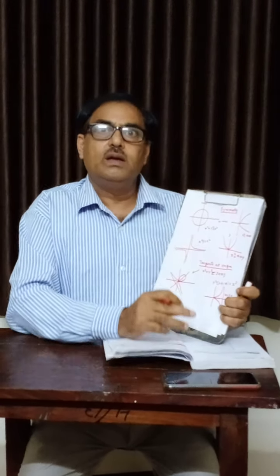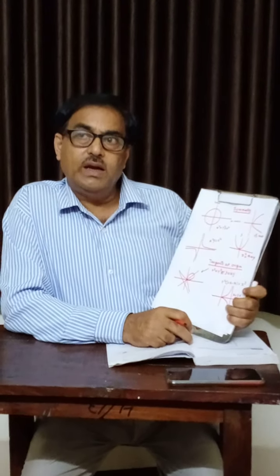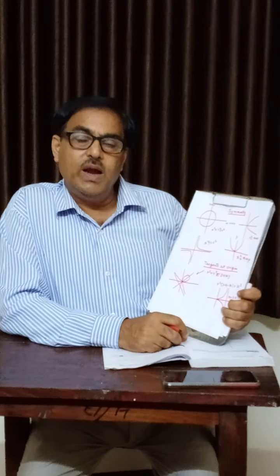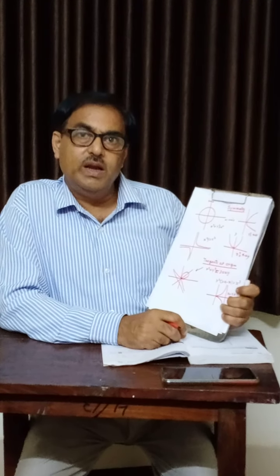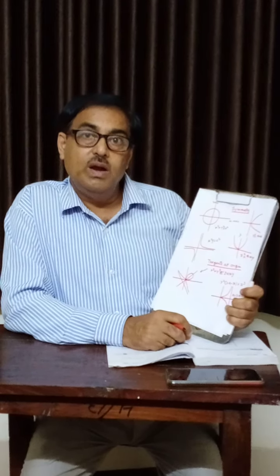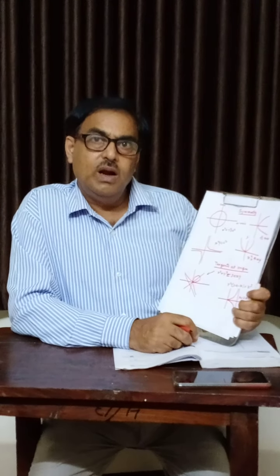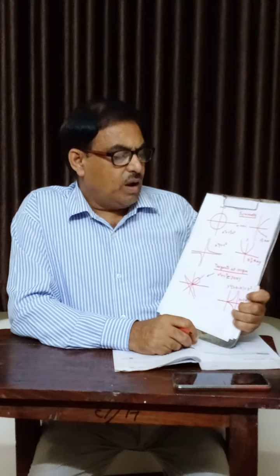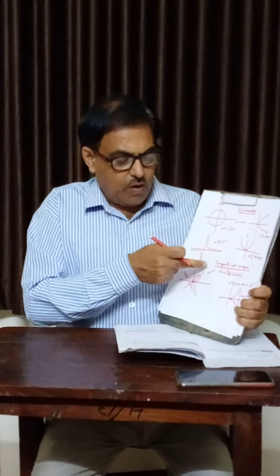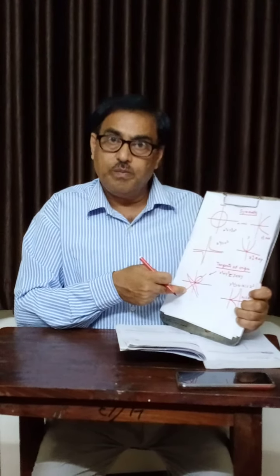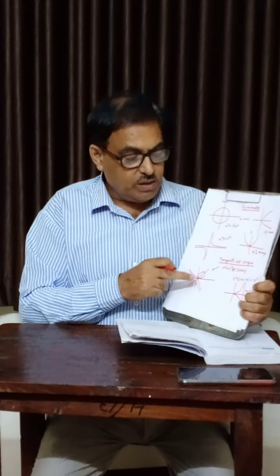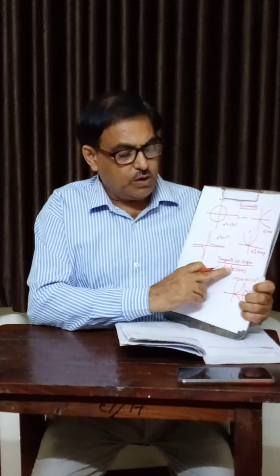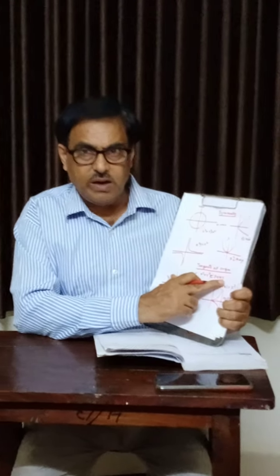Now again, replacing x by minus x and y by minus y, if the equation of the curve remains unchanged, then the curve will be symmetrical about the line y is equal to x. See the curve x cube plus y cube is equal to 3axy.